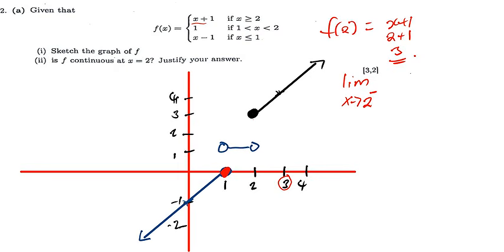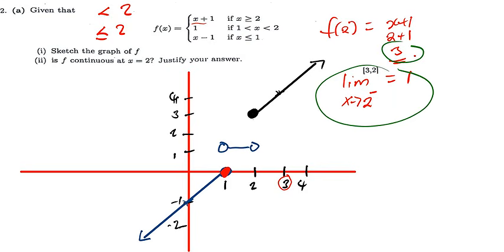In short, look at the function that says less than 2. Which one between the three? The second one. So the answer is 1. Here I can clearly see that this and this should be the same, and already I can see that it's not continuous.